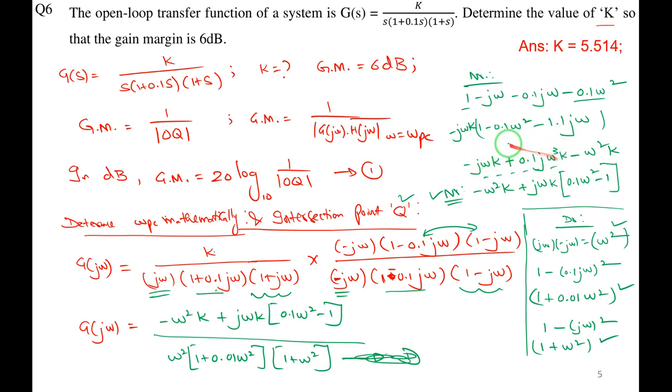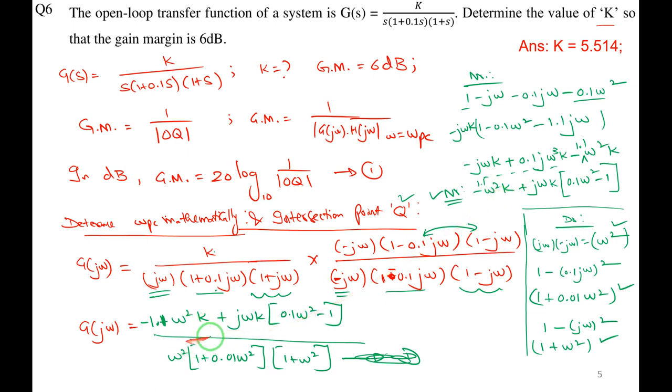But omega square k, I have left out 1.1 here. Yes, 1.1 I have to write, so minus 1.1 here also. Please correct it: minus 1.1 omega square k.